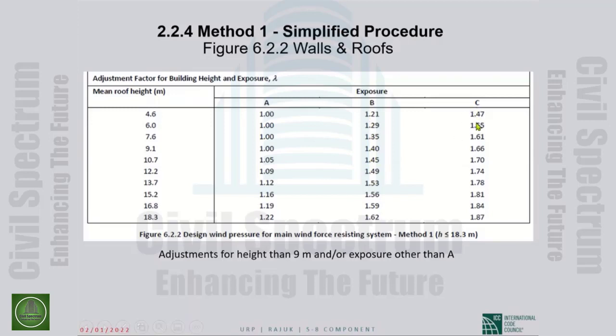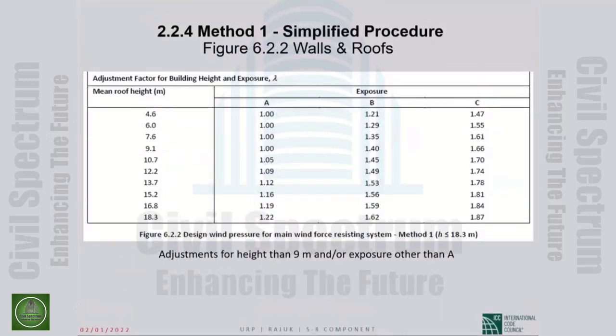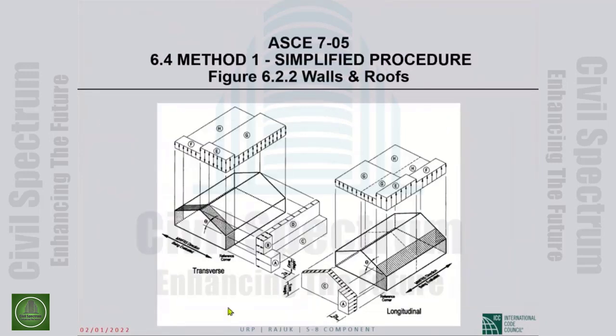If you have exposure C and a mean roof height of 13.7 meters, where 30 feet is 9.1 meters, then all the PS30 values have to go up 78%. But the crux of the whole thing is that this is called the windward, the reference corner.